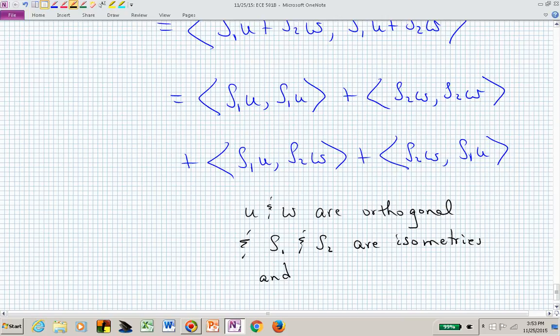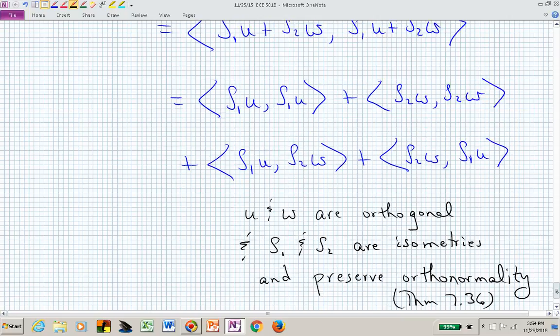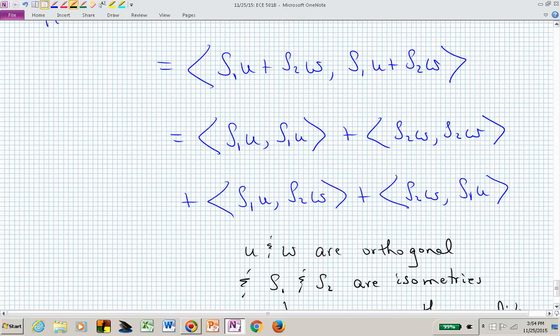So S1 and S2 are isometries, and they preserve orthonormality, which means that they would preserve orthogonality, and that's coming to us from theorem 36, which now allows us to say that the vector S1U is orthogonal to the vector S2W, which now says that this particular inner product goes to 0.